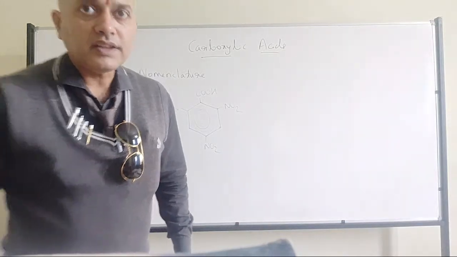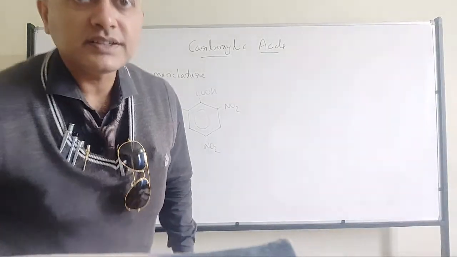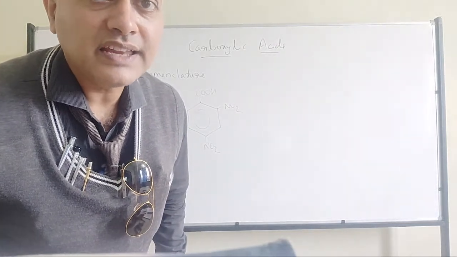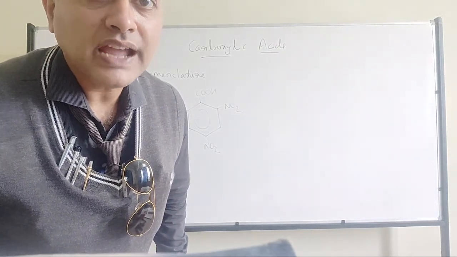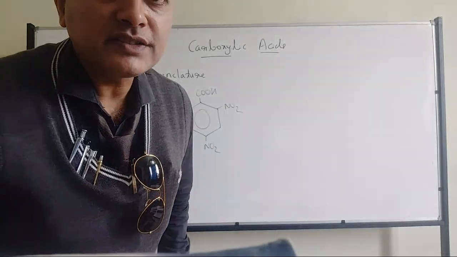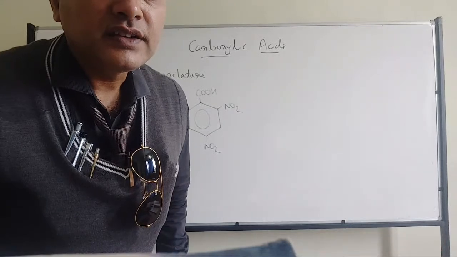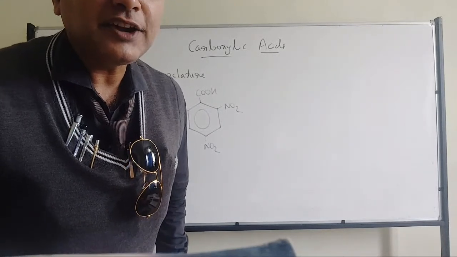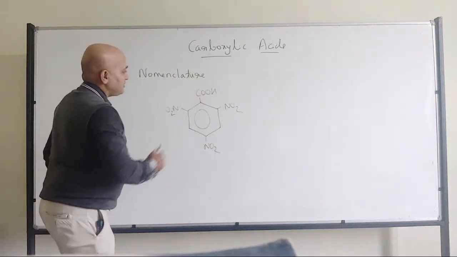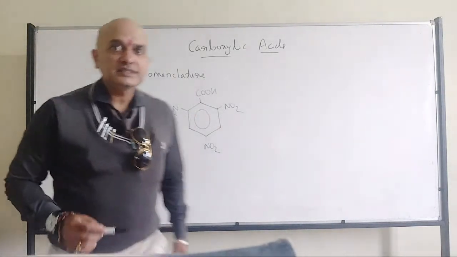Okay, I think the network is slow. Okay, at once it came. 2, 4, 6 trinitro benzoic acid. So 2, 4, 6 trinitro benzene carboxylic acid. Priority I will give to Sanjana.